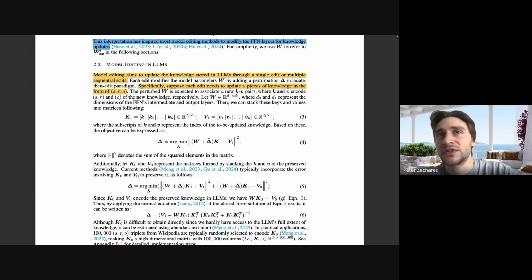Then that means you won't be able to correctly generate the old knowledge. So you actually want to minimize the L2 distance, or the error, between both of these.